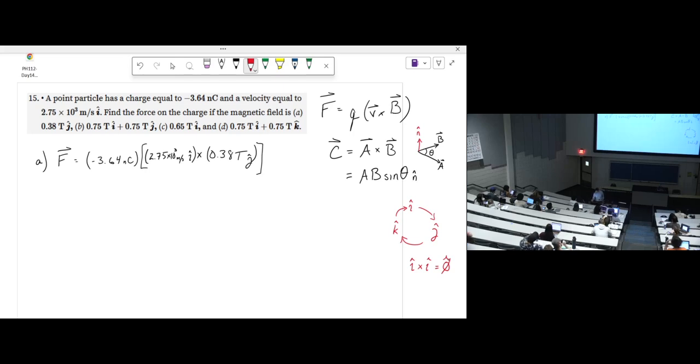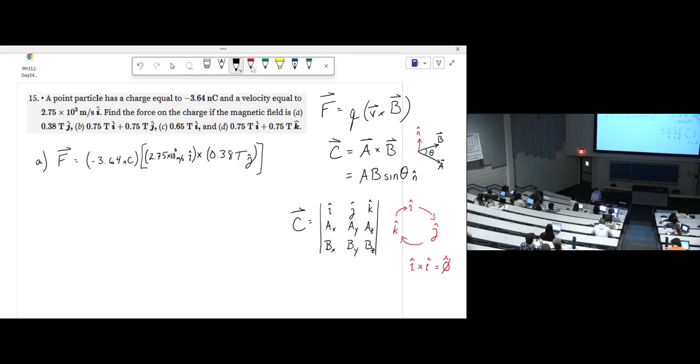A more robust way to do it, if both vectors have components in x, y, and z, one way that you can do it is if you want to know what C is equal to, let's not do it over here. In this case, C is going to be equal to the determinant of the matrix, I hat, j hat, and k hat, where you've got ax, ay, and az, bx, by, and bz.